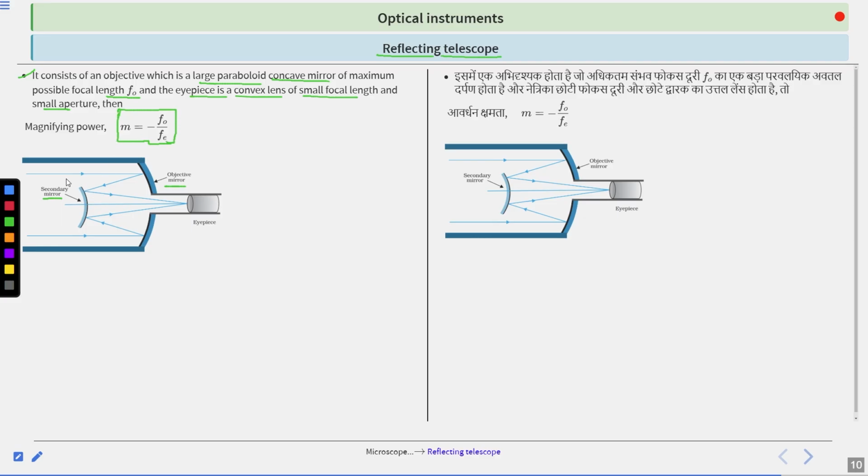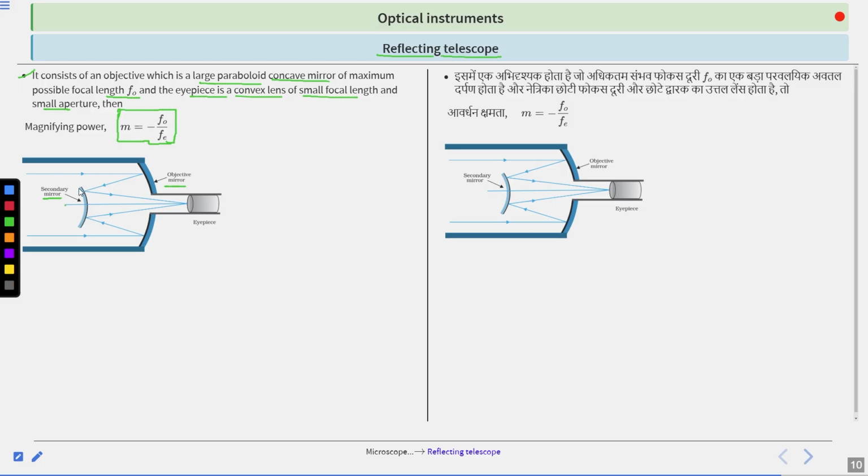Clear? Suppose a ray of light is coming from infinity, parallel to the principal axis. We know that point. When the ray of light is incident on the objective mirror, it will be reflected toward the focal point. But before it reaches the focal point of the objective mirror, there is a secondary mirror.